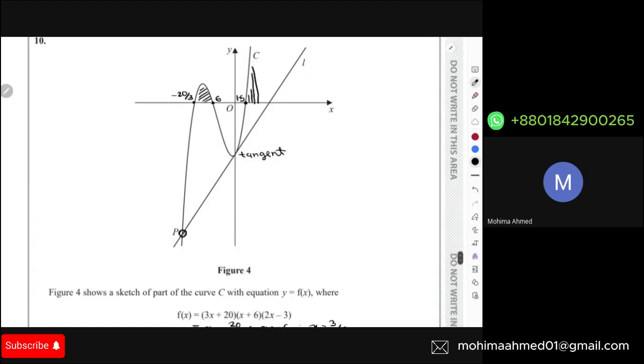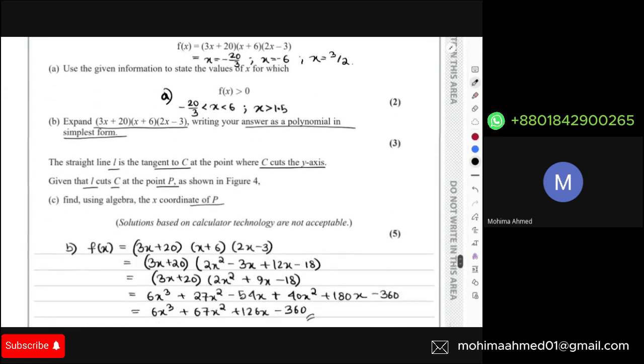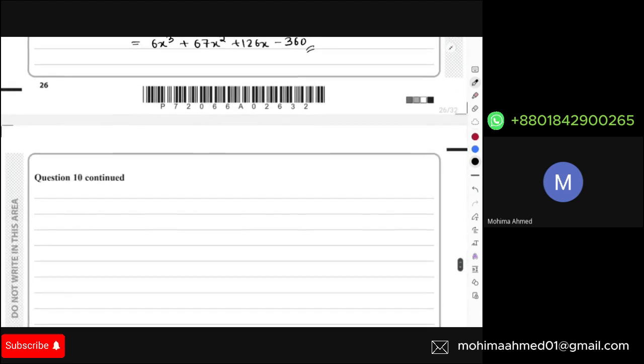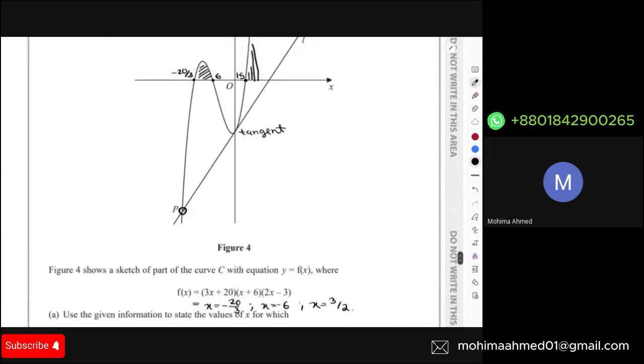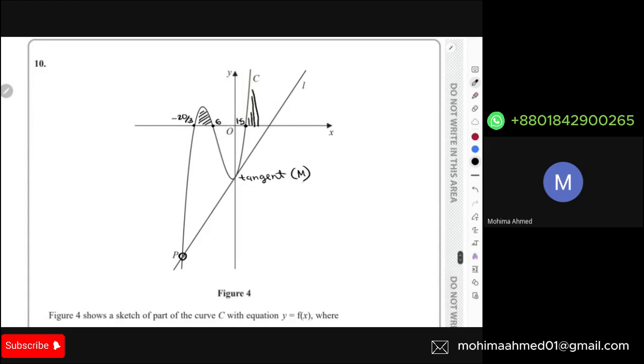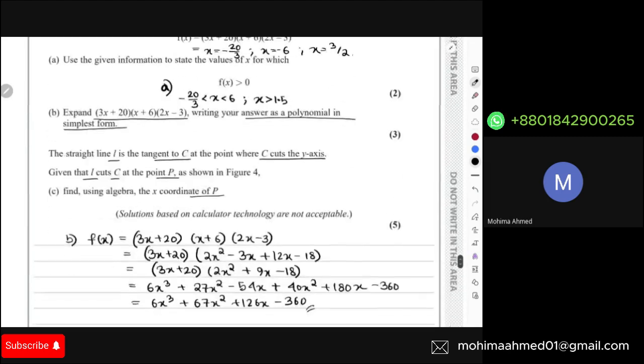I want to find out this coordinate, but first I have to find the equation for the tangent. I'll first try to find the point where the tangent touches the curve. I'll consider it as M, where the curve and the straight line behave as a tangent.